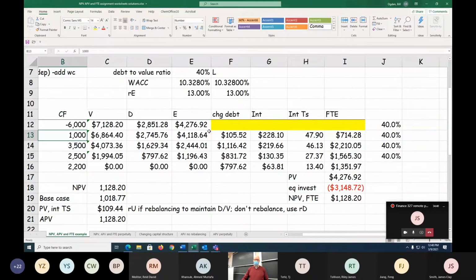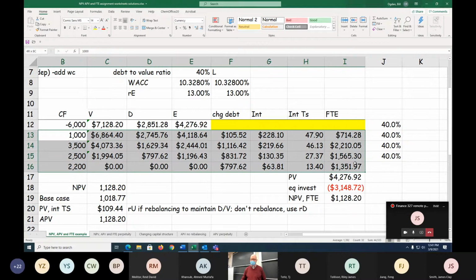So it's this one minus the change in debt minus the interest plus the interest tax shield. And that's what part of this 1,000 flows to the equity shareholder. And I populate the entire table, just fill it all up.